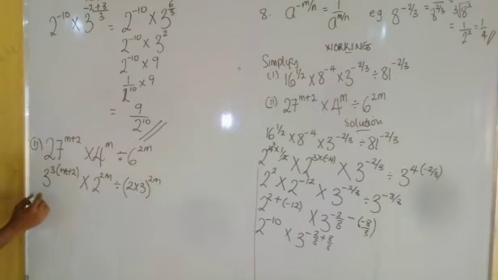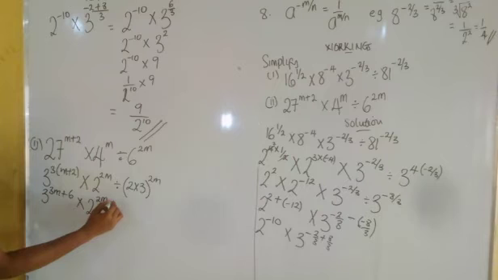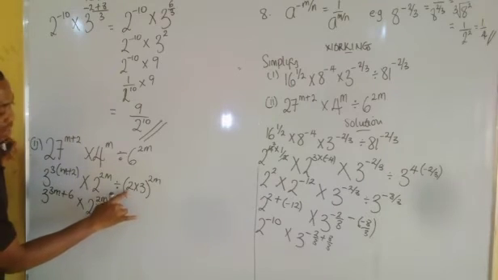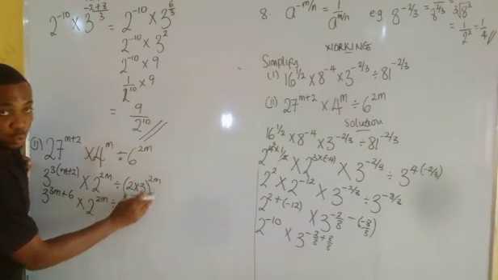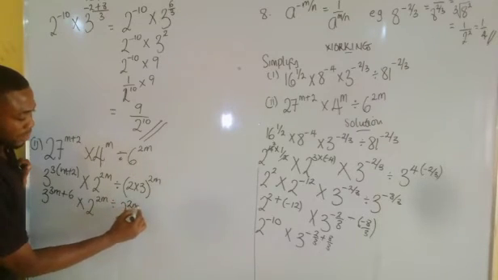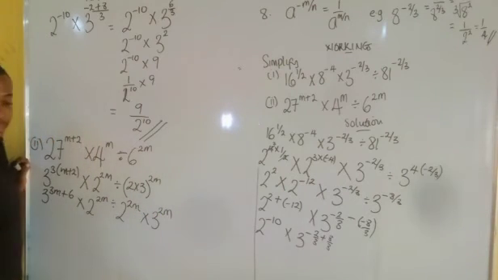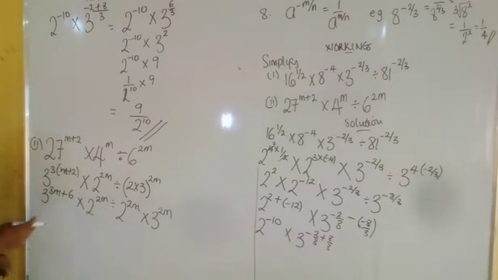Okay? Now if we solve further, opening this bracket, 3 times m will give us 3m plus 3 times 2 is 6, times 2 raised to power 2m divided by, now since 2 times 3 all raised to power 2m, we can actually split it as 2 raised to power 2m times 3 raised to power 2m. Okay? So that is the case now.